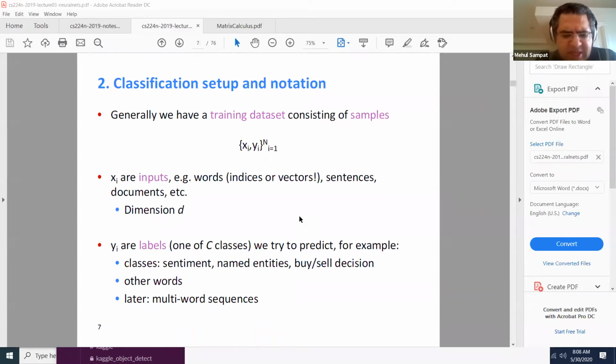In this case, the classes could be the sentiment of the document, and so on. But you could easily think of this as a more general formulation. For example, let's say you had some medical data: your x_i could be the height, weight, and cholesterol levels of a patient, and y_i could be some classification.